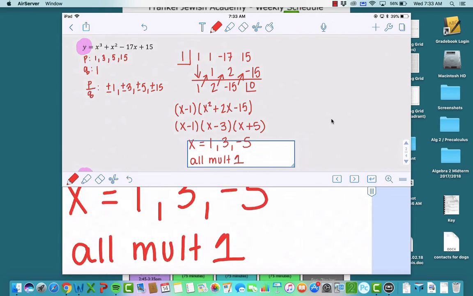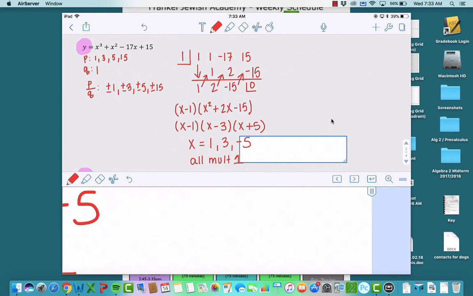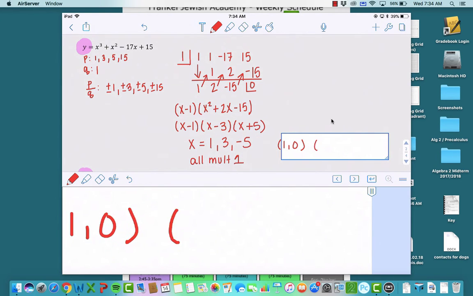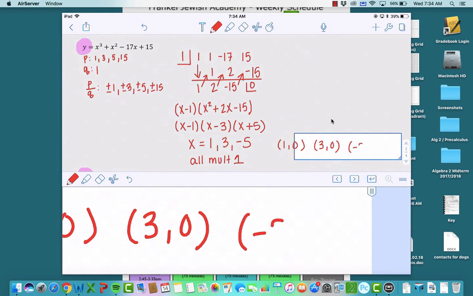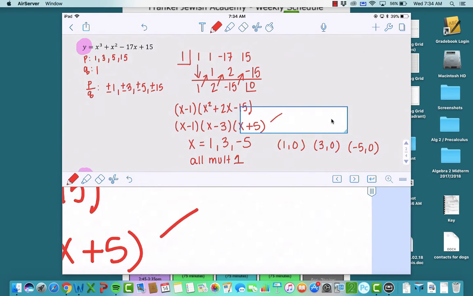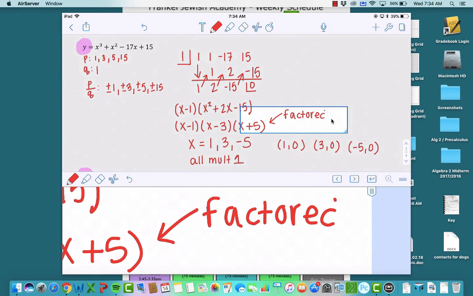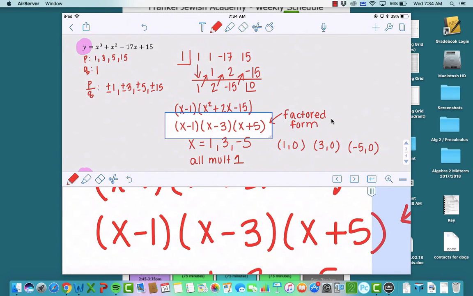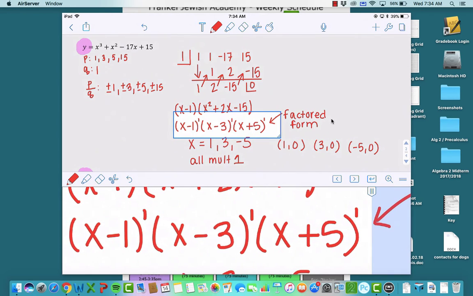Somebody asked when they talked about extra examples to explain multiplicity one more time. And multiplicity is how many times a 0 happens. It matches the degree. So if we look at the factored form, I'll label all the parts. This is factored form. When we look at factored form, they all secretly have a degree of 1 because they only happen once.